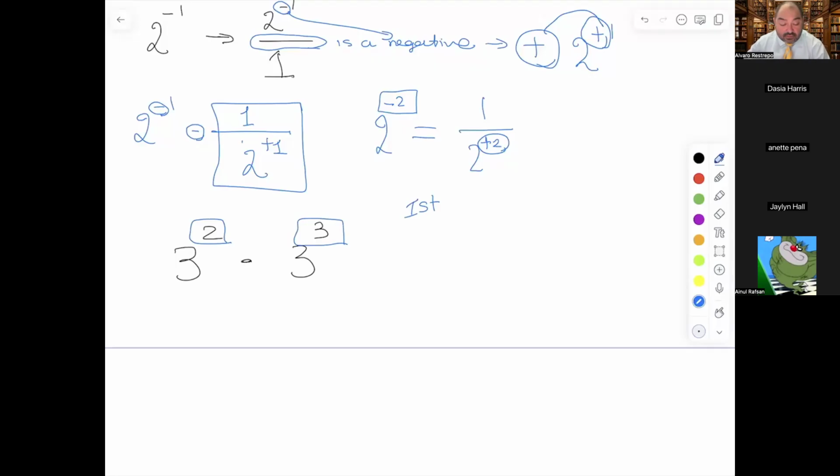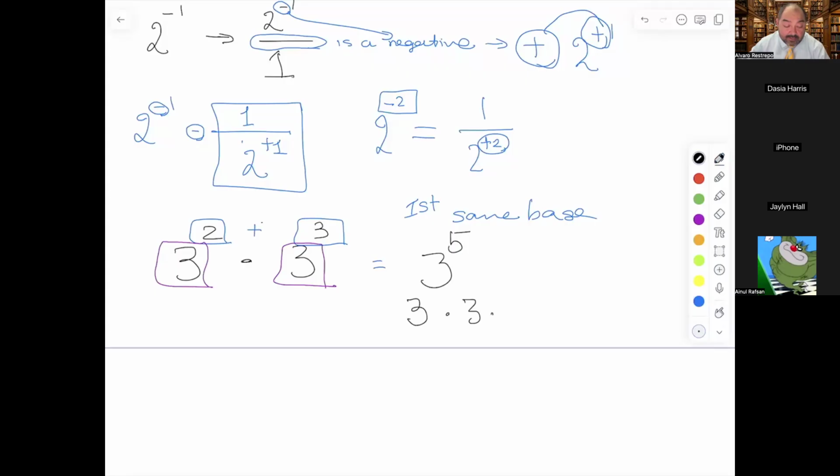Yes, I have the same base. If I have the same base, what can I do with the powers? I can add them. So this is going to become 3 to the 5th power. What is 3 to the 5th power? Well, what that means is 3 times 3 times 3 times 3 times 3.